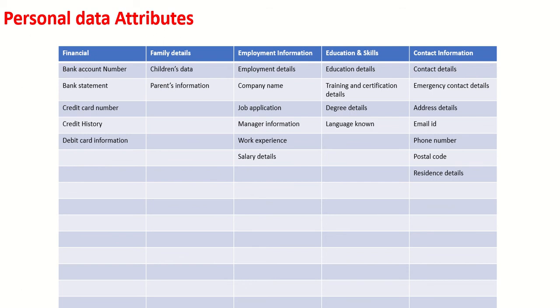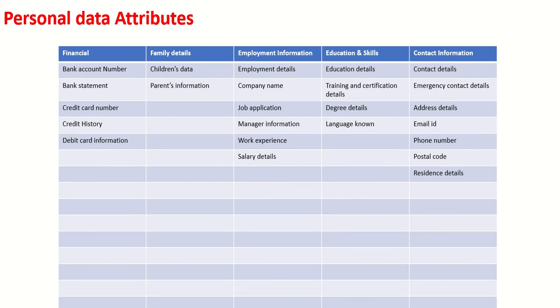Next is your education and skills: your educational details and background, whatever degree or diploma you have done, your training and certification details, and your languages, what languages you can speak. These come under personal data.